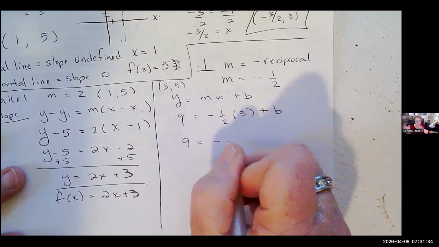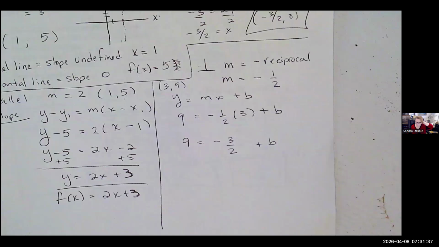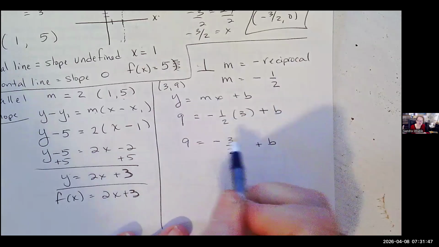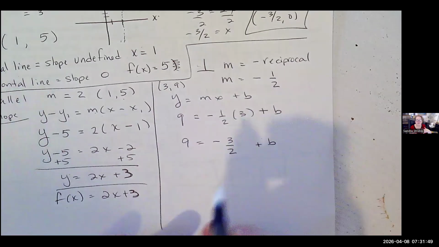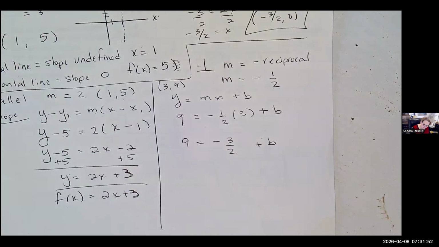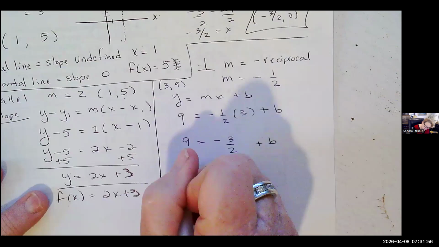Now, I showed you this way back in module 1, how to get rid of the fractions, because you don't have to deal with them, I promise. You have to multiply every single term by 2. That's the same thing as multiplying both sides by 2, but this just saves you in case you forget to distribute.